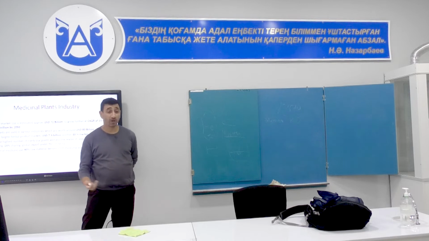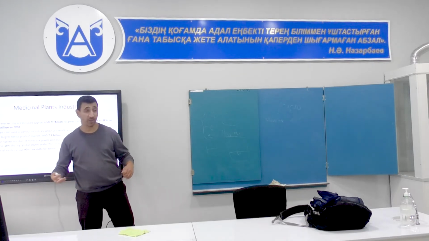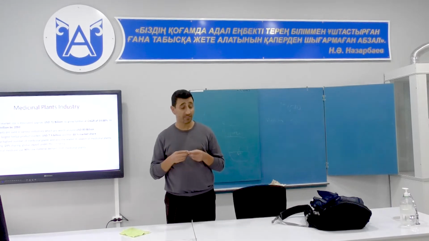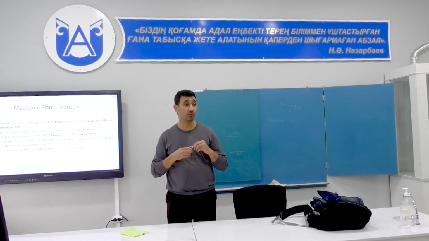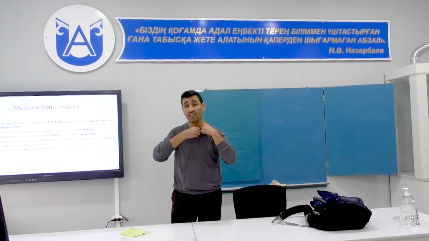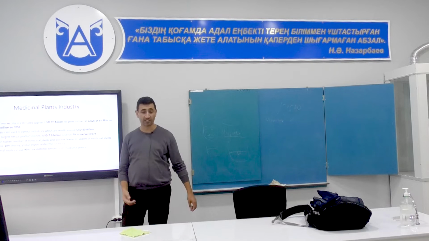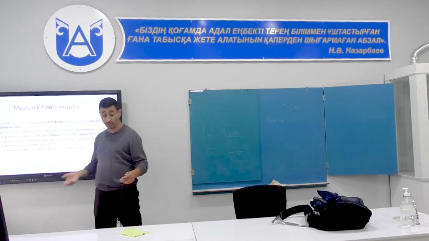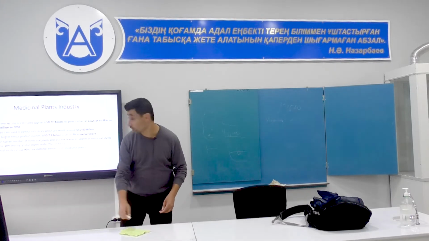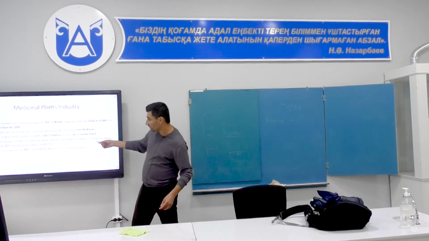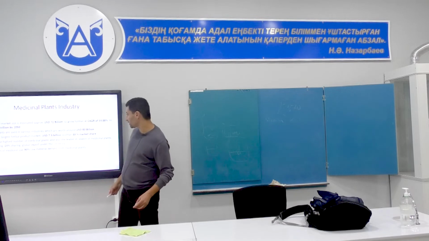Really? Anyone who wants to get a lot of money or investment, you can invest in medicinal plants. It's a really good field of investment. Especially in Kazakhstan, you have big lands and fertile soils. Therefore, it's a good choice. Okay, we said about $7 trillion.